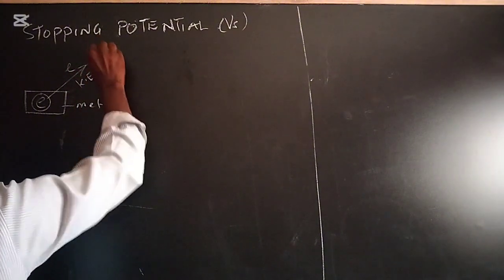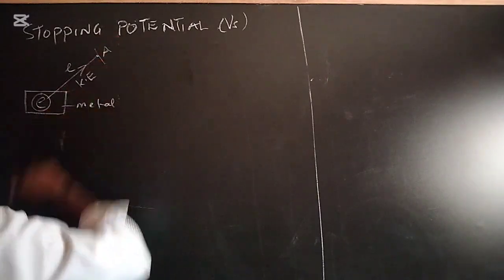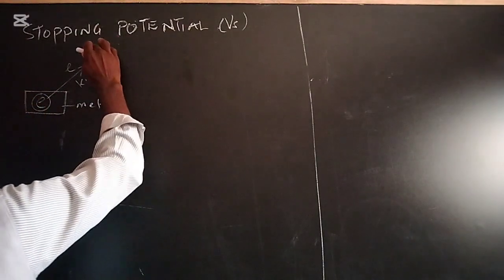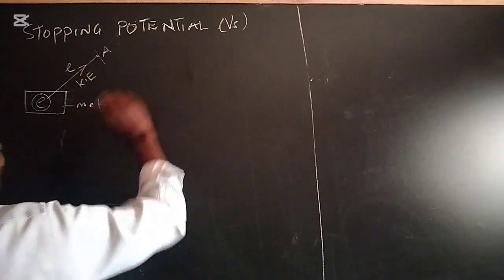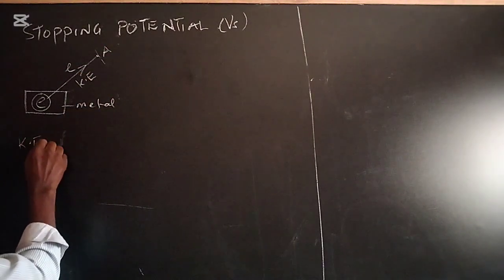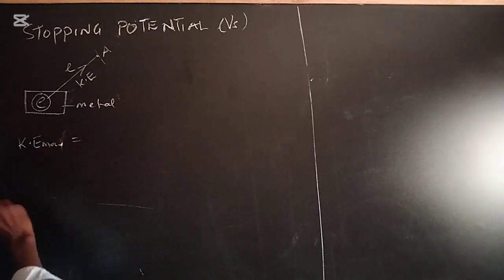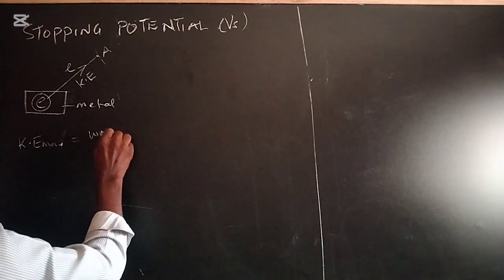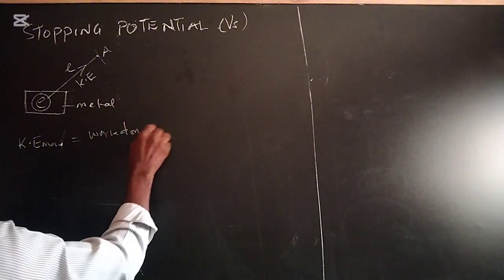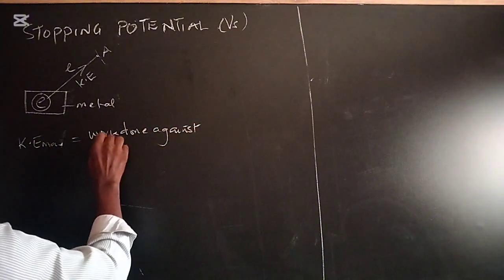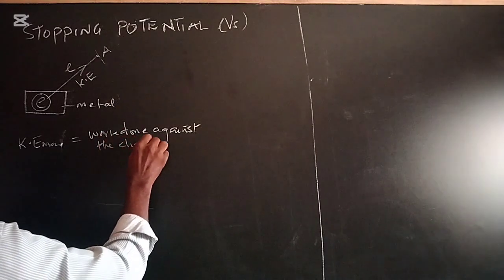So for us to be able to bring it to a point, say point A, work has to be done against it to bring it to this point. So our definition will be the kinetic energy of the electron will be equal to the work done against the charge.